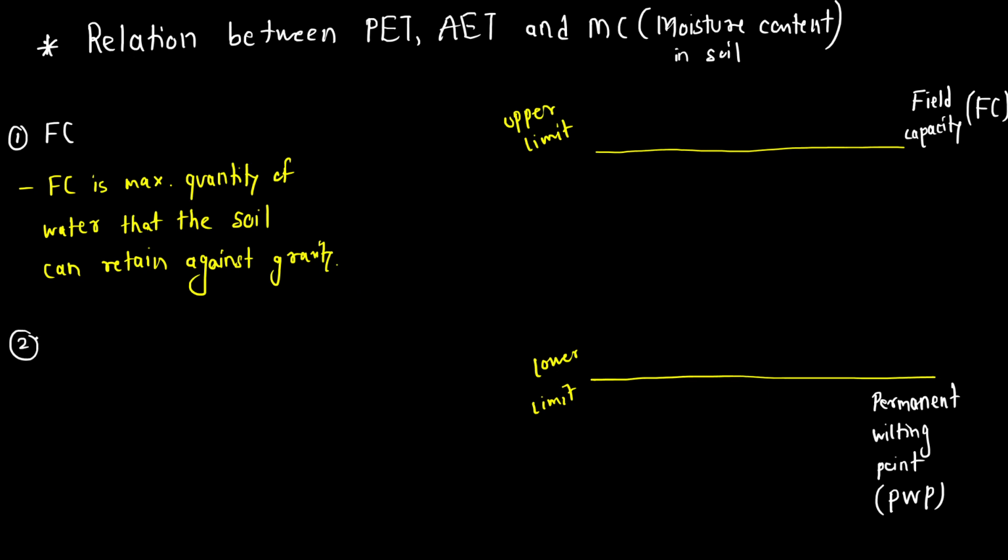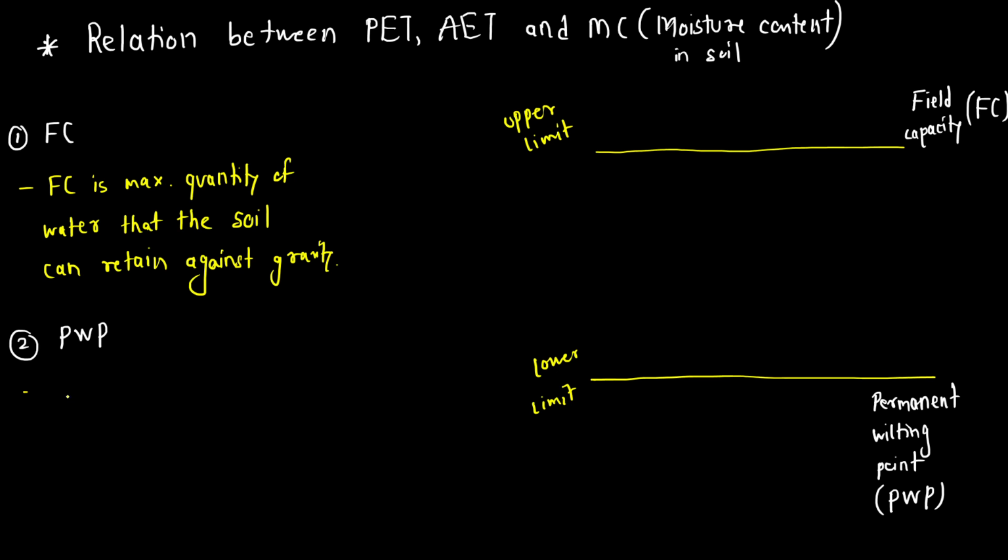Second definition is PWP, permanent wilting point. Permanent wilting point is also a quantity of water only. What is the difference? If the water level goes below the PWP, then there is wilting of plant, that is the plant dies.